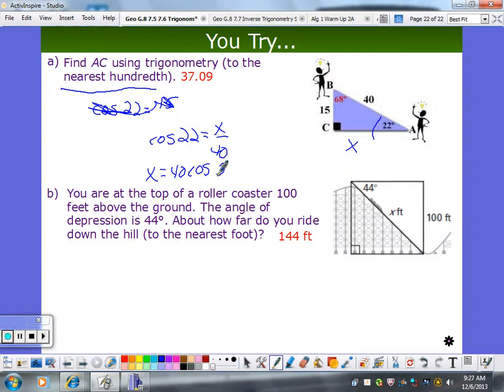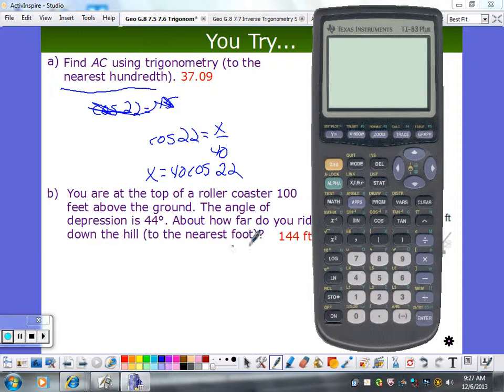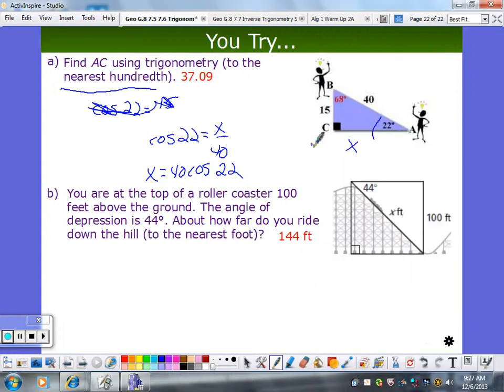Okay. Don't you think tangent is different? Tangent. You did tan 22? Yeah, and then 15 over it. Oh, it's different? Yeah.